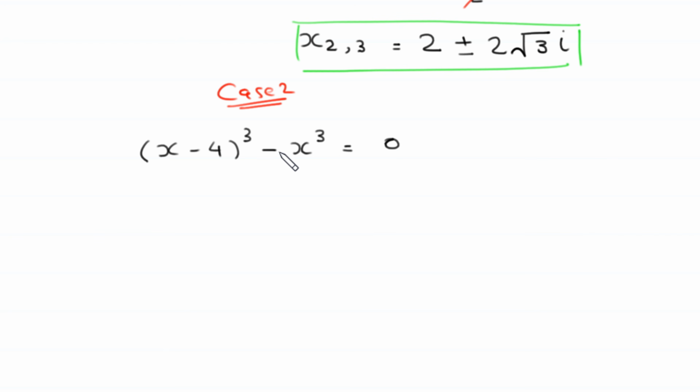We have difference of two cubes, so by using this algebraic identity, a cubed minus b cubed is equal to a minus b times a squared plus ab plus b squared.